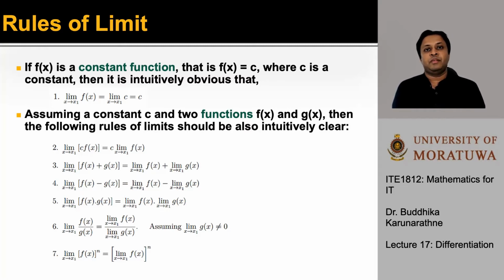So for example, f(x) to the power n, and you can take the limit of f(x) and take it to the power n. So these are some simple rules on the behavior of limits when you have two functions and a constant. So these may be applied for multiple functions and combination of functions as well.